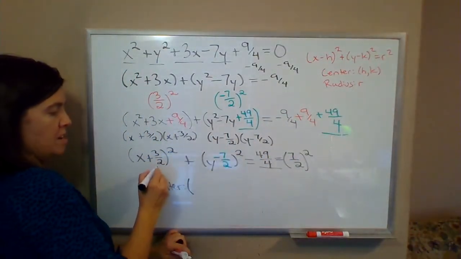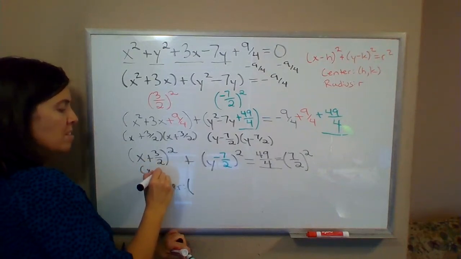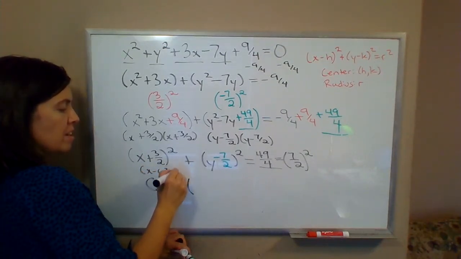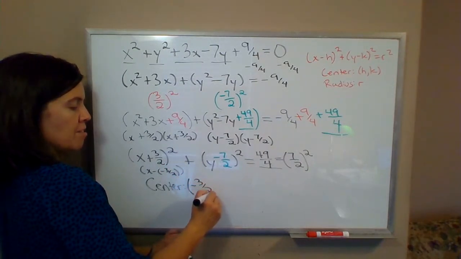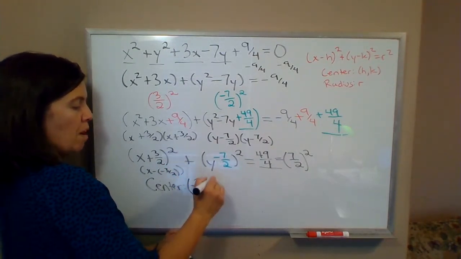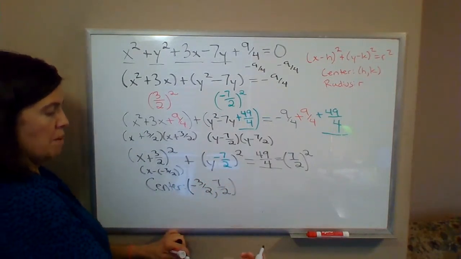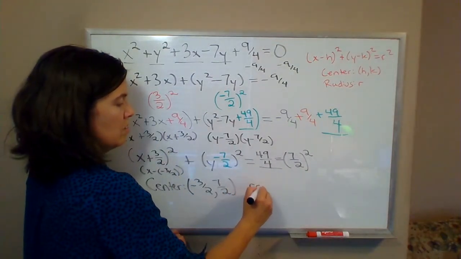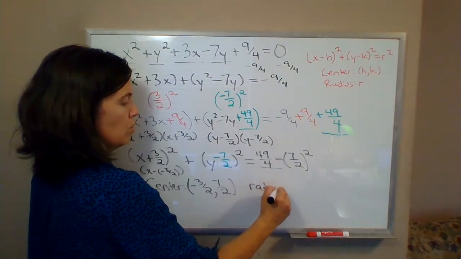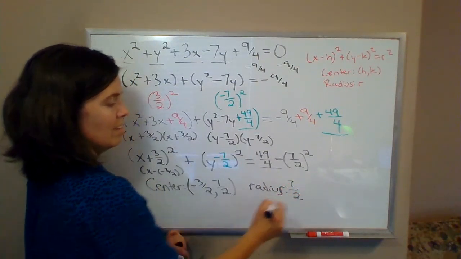So it's opposite sign. So if I see plus 3/2, I can think of that as x minus negative 3/2. So the h in this case is negative 3/2, and the k is positive 7/2. The center is at (-3/2, 7/2), and the radius is 7/2.